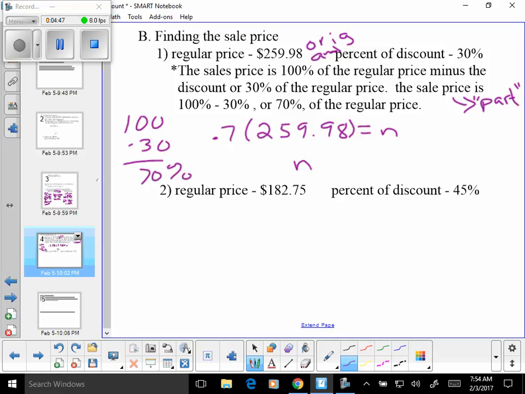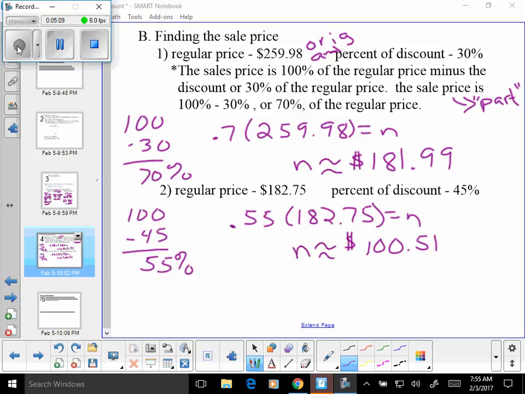Once I roll that through a calculator, 0.7 times 259.98, you'll have to round off to the nearest cent, of course, since we're dealing with money. This item would cost you $181.99 if it were on sale. At this point, hit pause, and you try example 2. Okay, did you get the right sale price? $100.51.